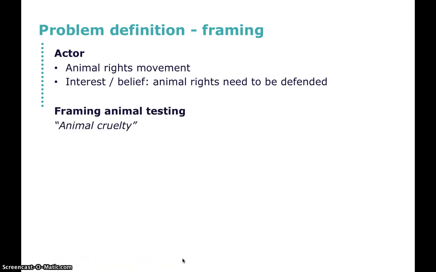Instead, you would frame animal testing as animal cruelty, a phenomenon that should not be allowed in a civilized society. And the reason for you to do that is because you want public policies that are in line with your specific interest or belief. You want a public policy that prohibits animal testing.